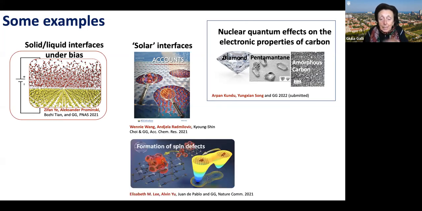And this is an example about formation of spin defects where we have coupled the first principle molecular dynamics with advanced sampling techniques to understand when you have, for example, two isolated defects in silicon carbide, a missing silicon or a missing carbon, how they come together to form a defect that is interesting for quantum technologies.